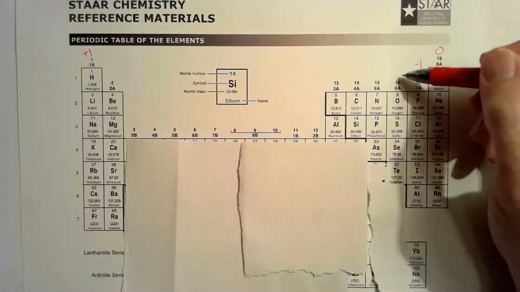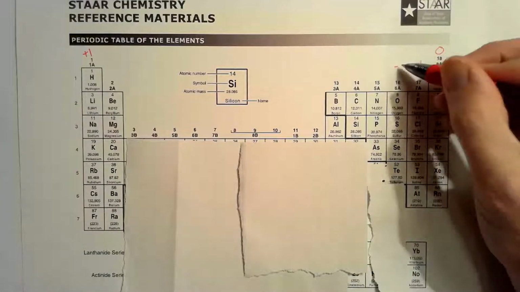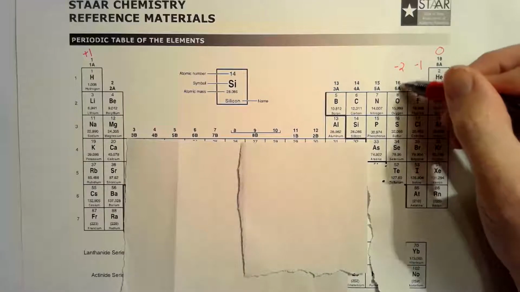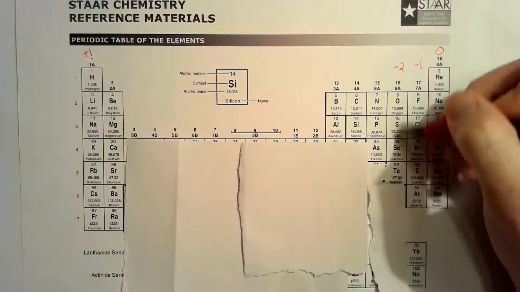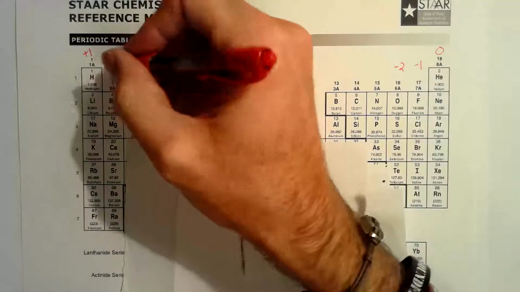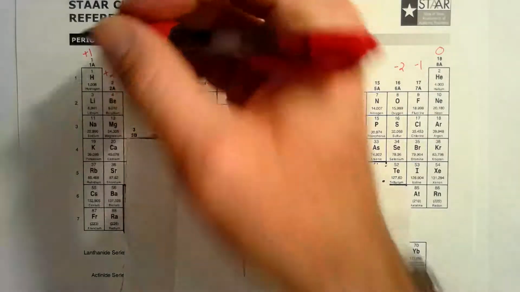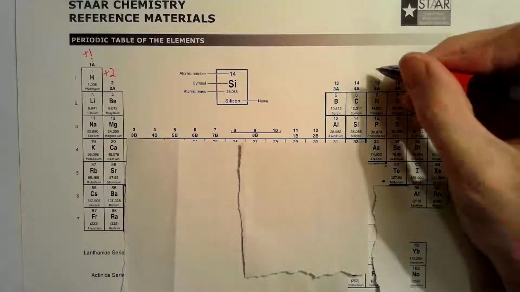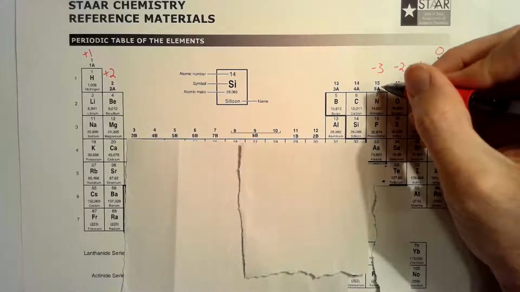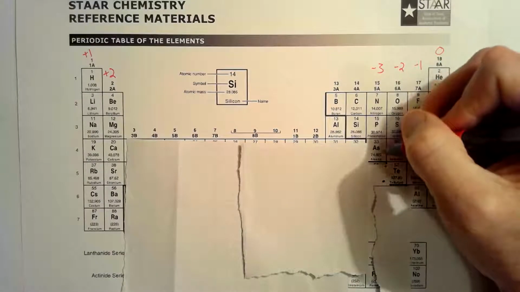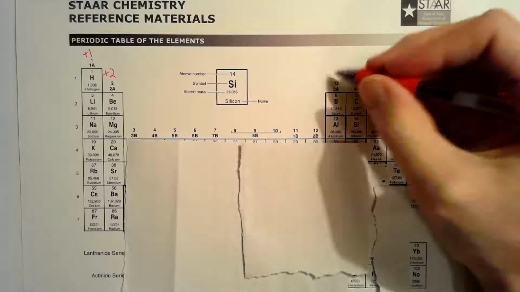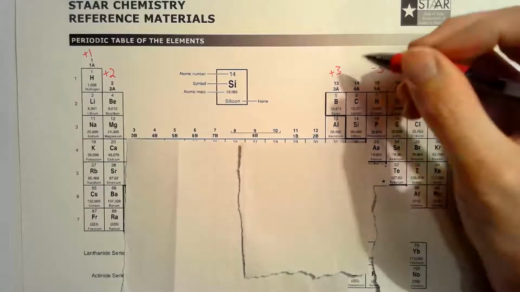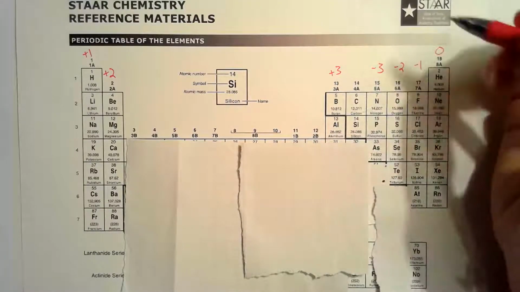Now I'll go back to the right side, and these will have a -2 charge. All of these in this group will have a -2 charge. All of these will have a +2 charge. All of these will have a -3 charge: nitrogen, phosphorus, and arsenic. And these will have a +3 charge: boron and aluminum.